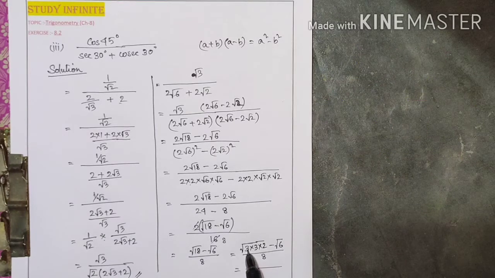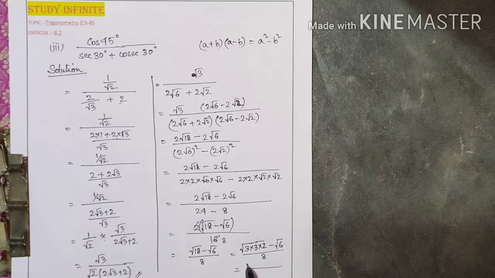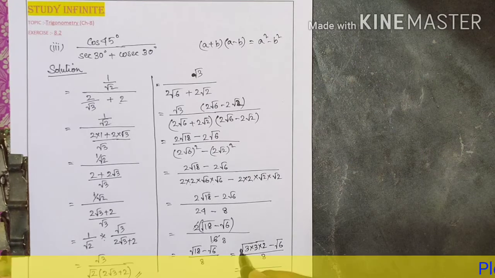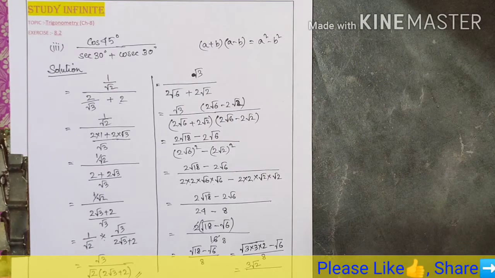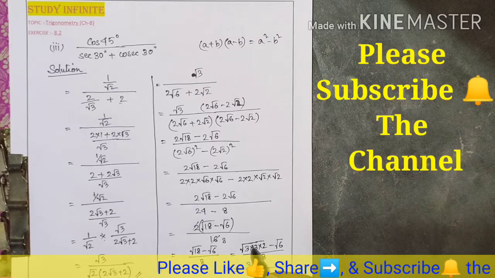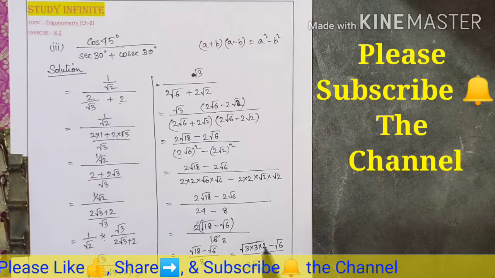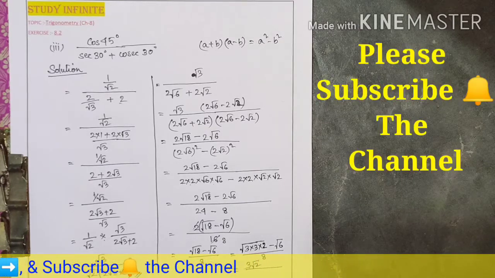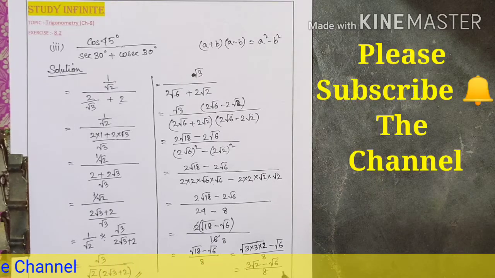I will take out 3, both 3s can be taken out, and I will write 3 as single, and the left number inside the root is 2, because 3 into 3 I took out as single number 3, and the rest left inside the square root remains as 2. So 3 root 2 minus root 6 upon 8. This is your required answer.